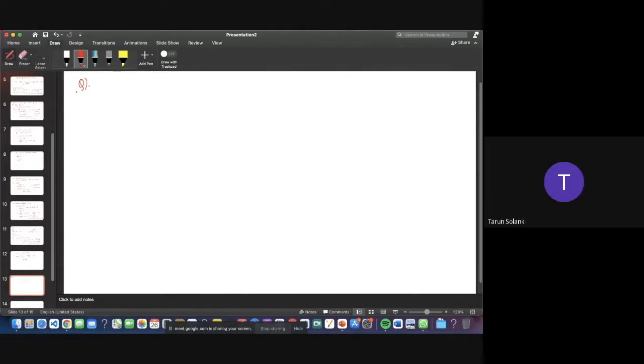Okay, so it is asking for the length of its sides. Let it be B A D C. This is x side, this is again x, and this is pi r.